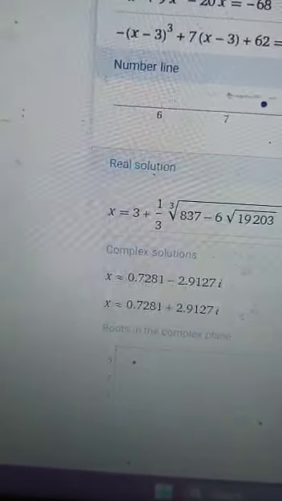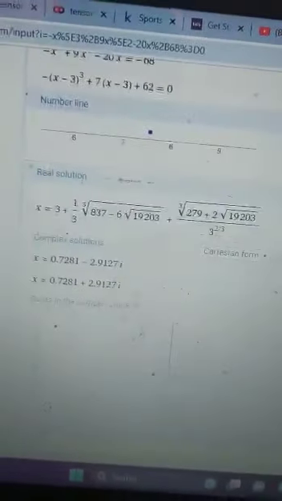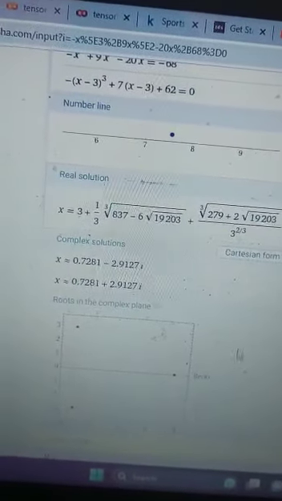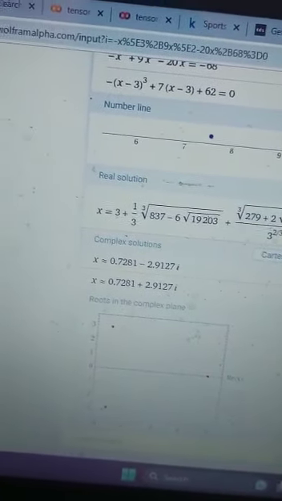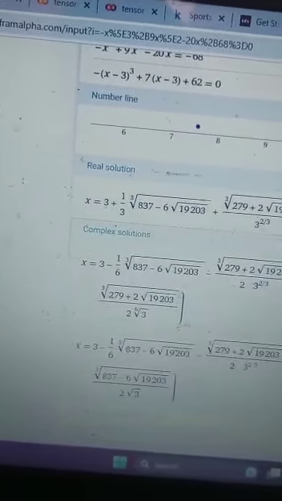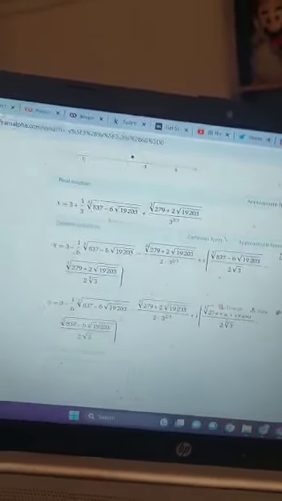Now you look at the exact form. I'm not solving that. This is why computers exist. Let me show the exact form of the complex one. Look, pretty ugly.